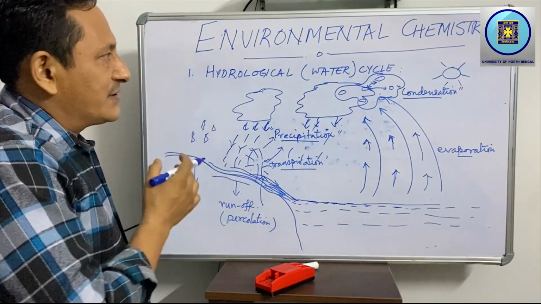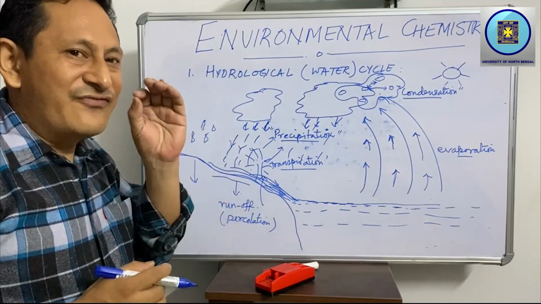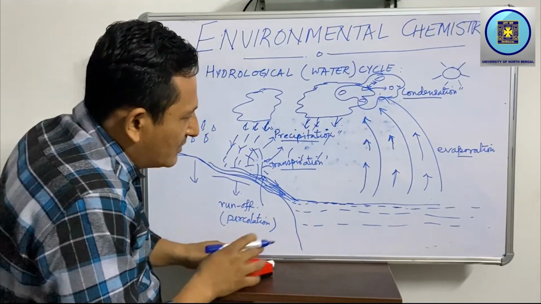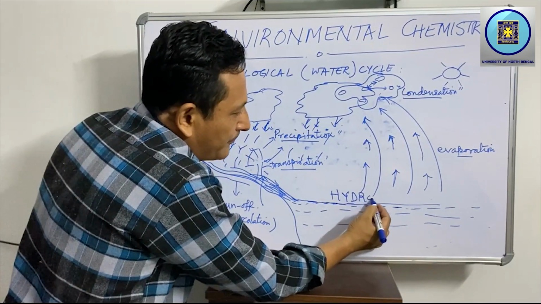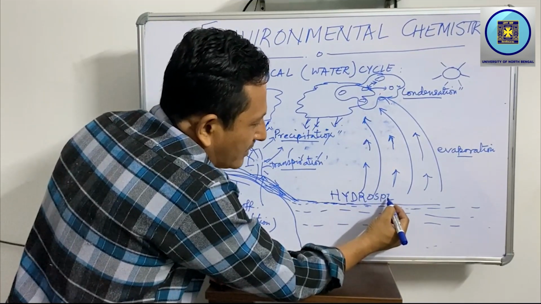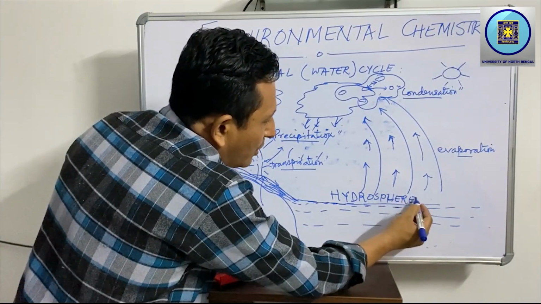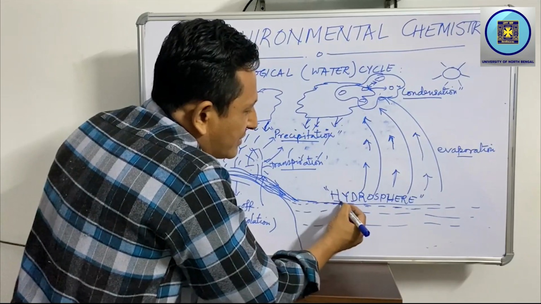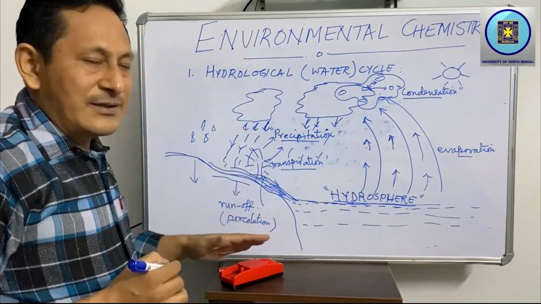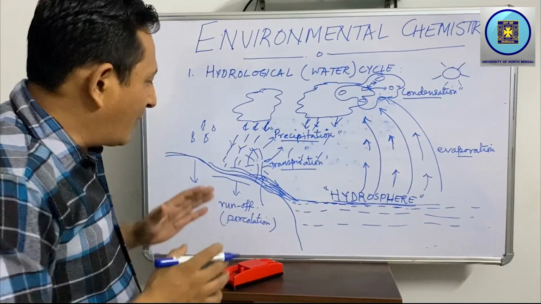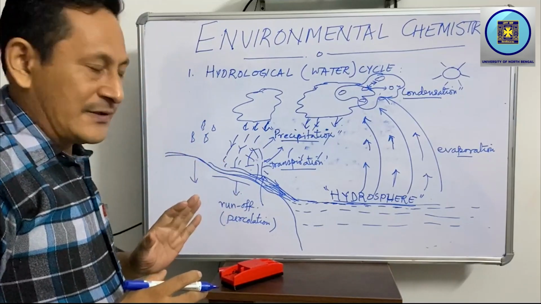So how is this hydrological cycle important? This is important for the very existence of something we call the hydrosphere, S-P-H-E-R-E. Now you might be wondering what this hydrosphere is. This hydrosphere is nothing but the combined mass of whatever liquid or frozen water is present on Earth.